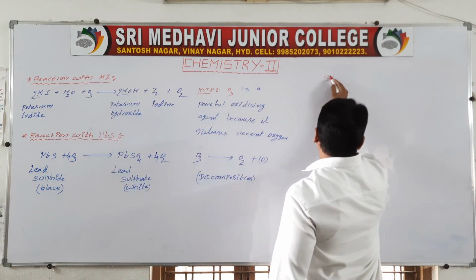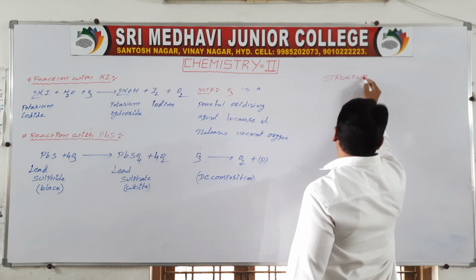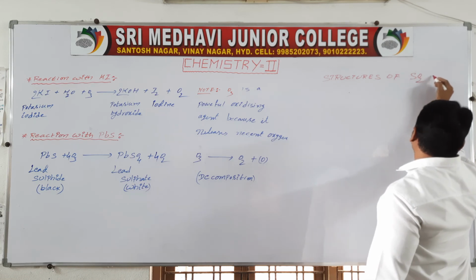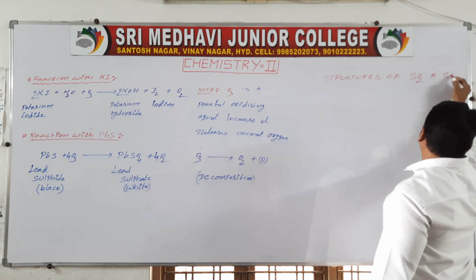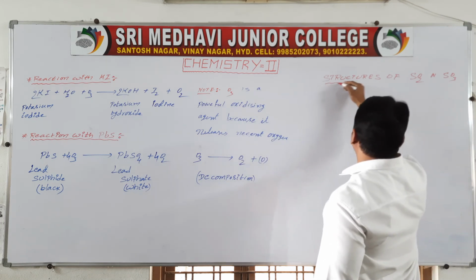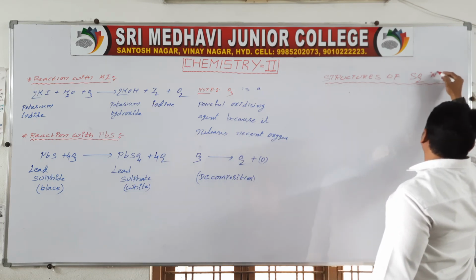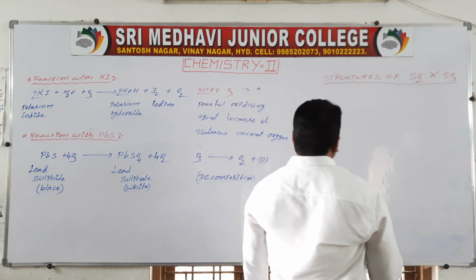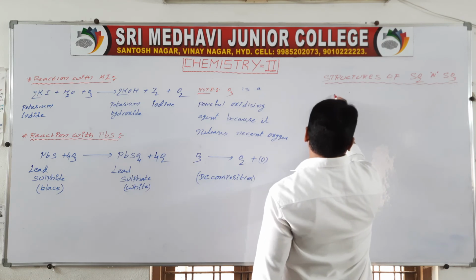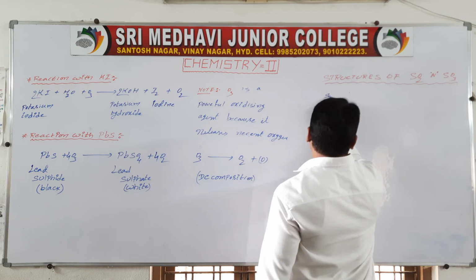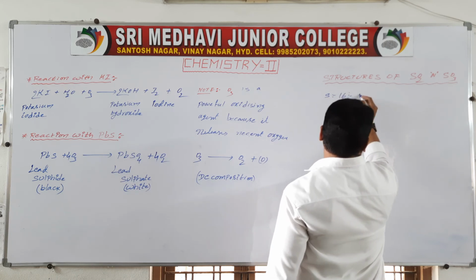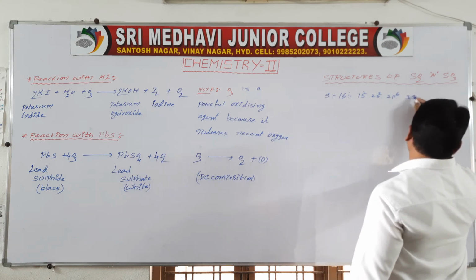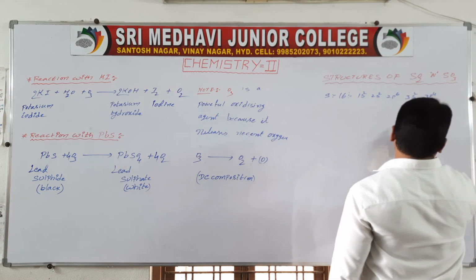Next you have to know the structures of SO2 and SO3. Okay, see here, atomic number of sulfur 16, 1s2, 2s2, 2p6, 3s2, 3p4.